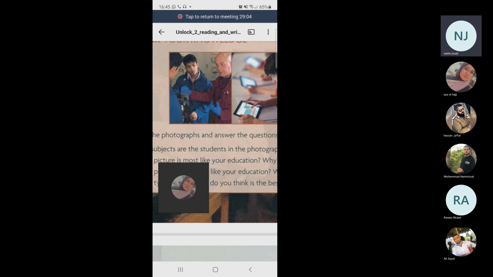So if I ask you, write about two different ways of learning. What are they? New way of learning and old way of learning. We can learn by experiments or practice. So we can learn alone, independently.